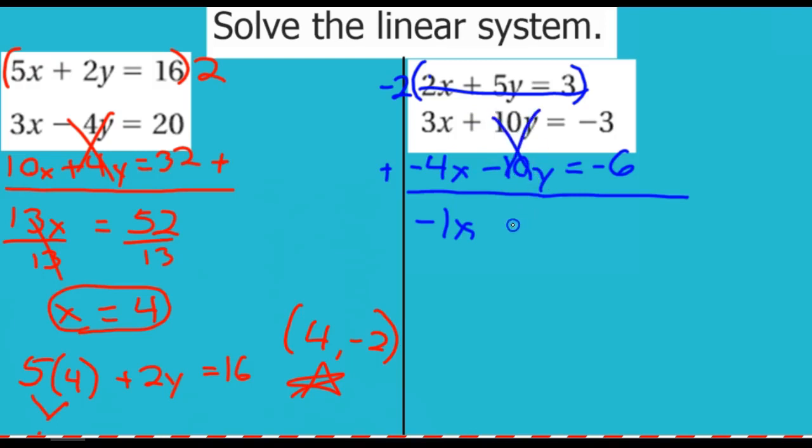Those are eliminated. And negative 3 plus a negative 6 is a negative 9. Now if I divide by negative 1, x equals a positive 9.